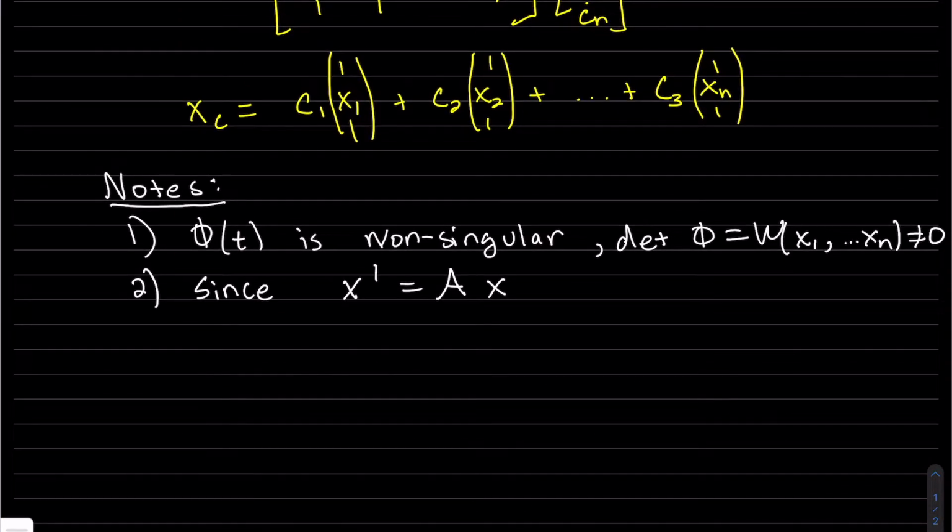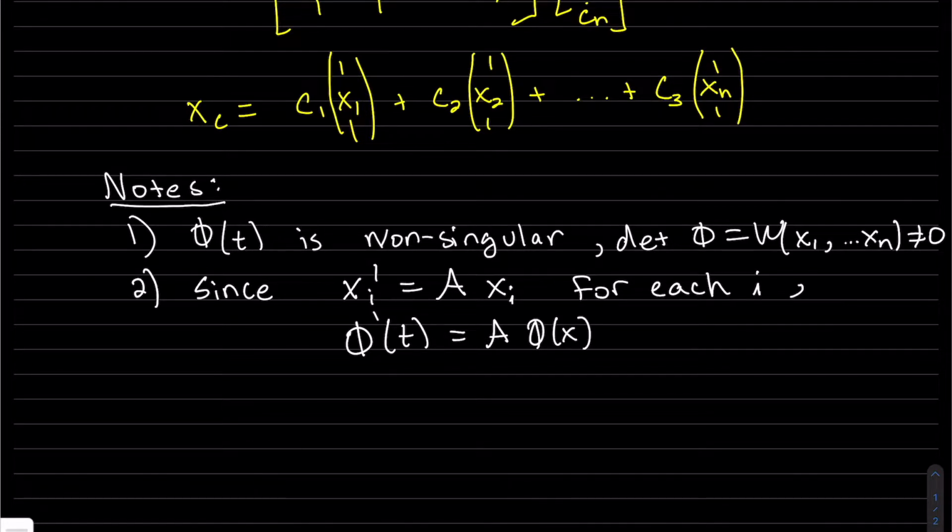If this is true, then for each of those x's, that's going to be true. You're going to sum them up, and we'll get that the derivative of the fundamental matrix is A phi of x.